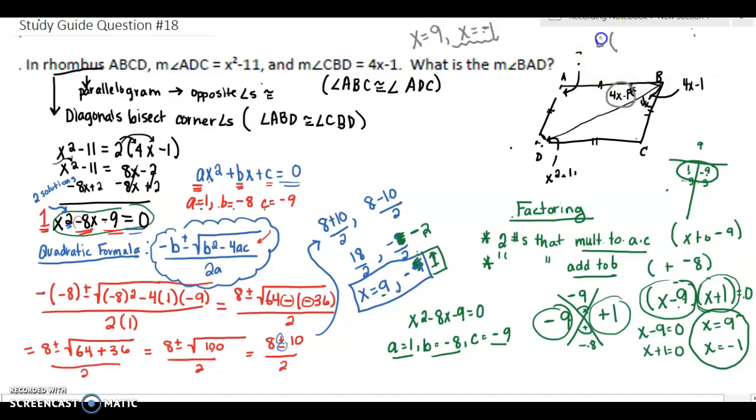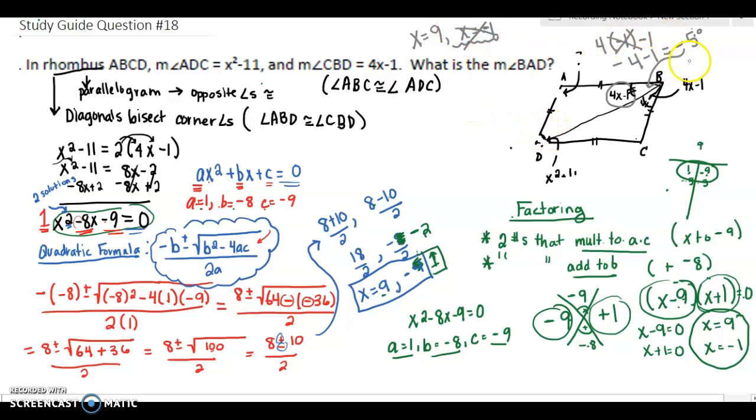So I have 4 times x minus 1, that's the measure of this angle here. Well, 4 times negative 1 is negative 4, minus 1 gives me a negative 5. So if I allowed my x to equal negative 1, this angle measure is negative 5 degrees, which I can't have. So x equals negative 1 does not work.